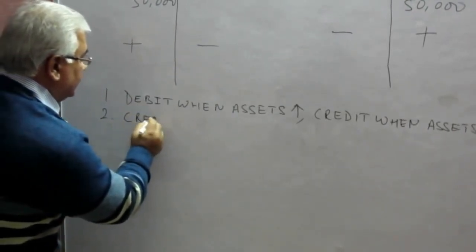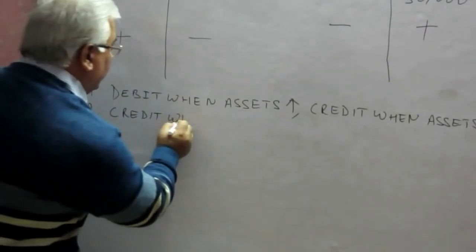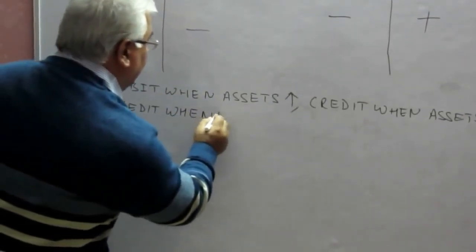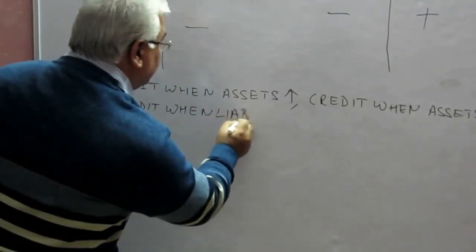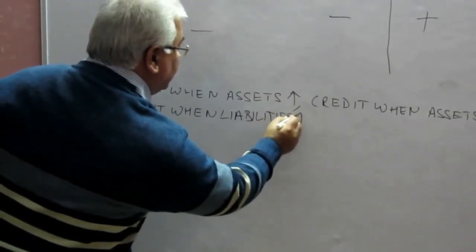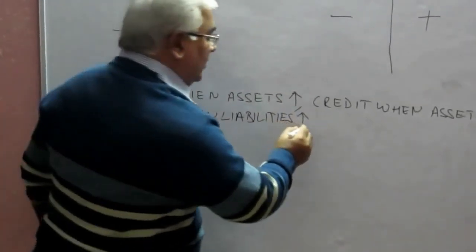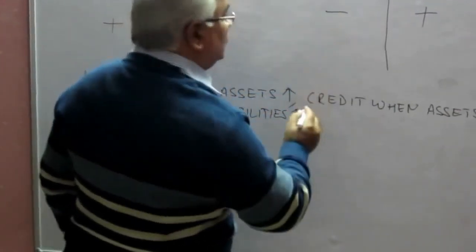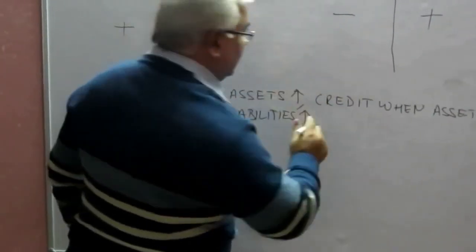credit when liabilities increase, and the other side is used when liabilities decrease.